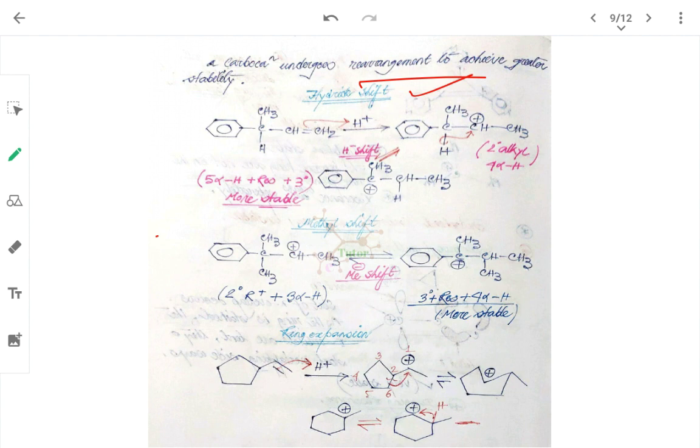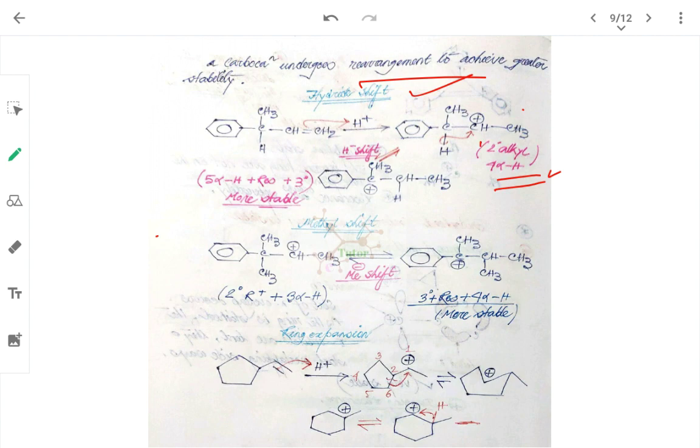Now, at first, this double bond attacks H plus and forms a 2 degree carbocation with 4 alpha hydrogens. This is stable, but if a hydride shift occurs, then it forms a more stable carbocation.